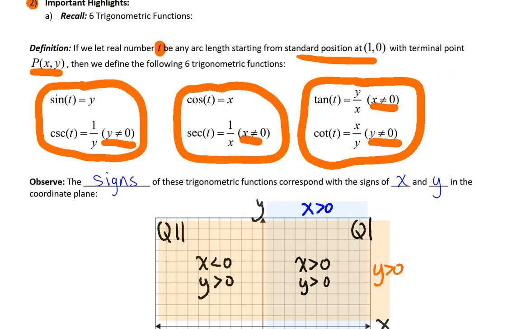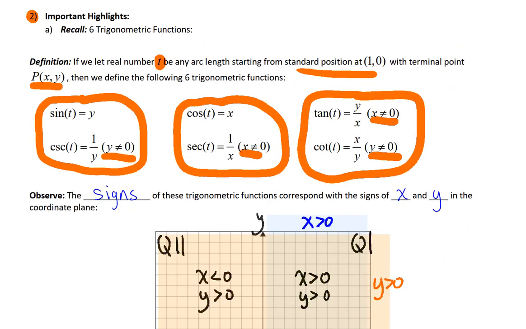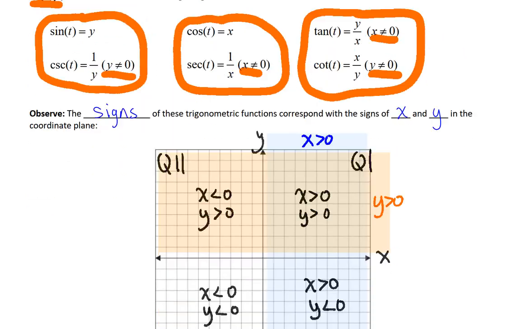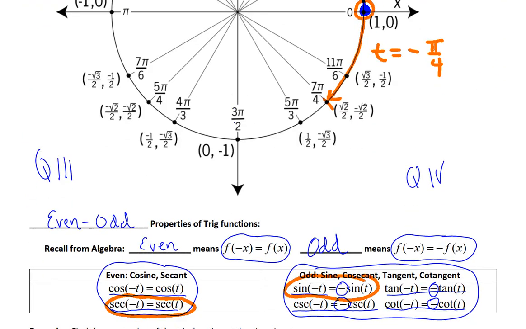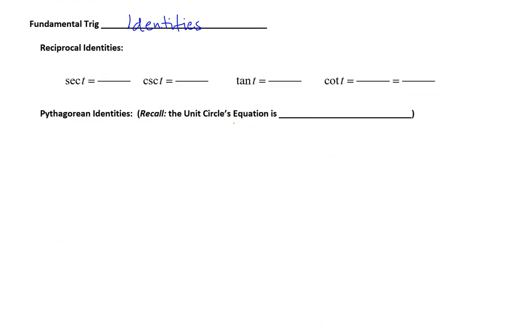So since secant of t, if you go back to where we defined this way above, where we recalled the originals, secant of t we said was 1 over x. But if x is really just cosine of t, then we can substitute and write one of those for the other. In other words, secant of t is 1 over cosine of t.